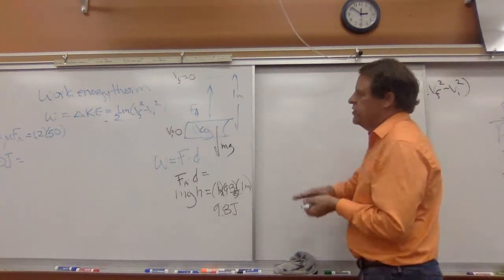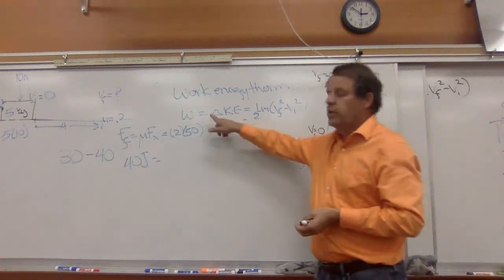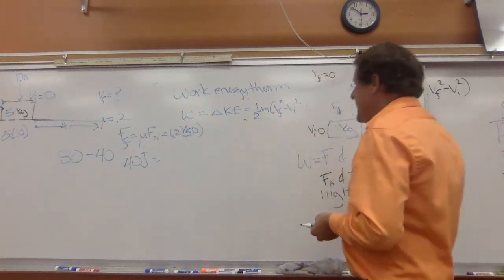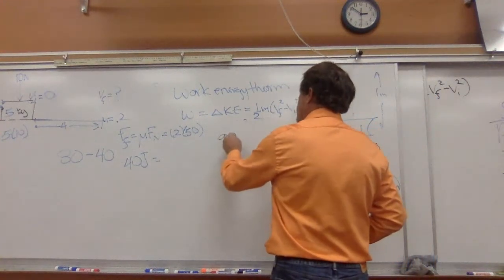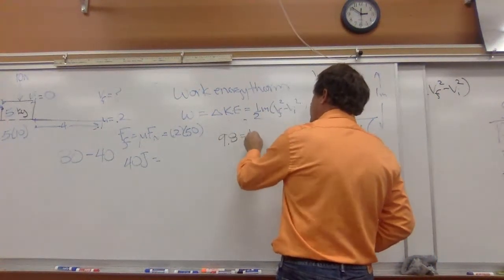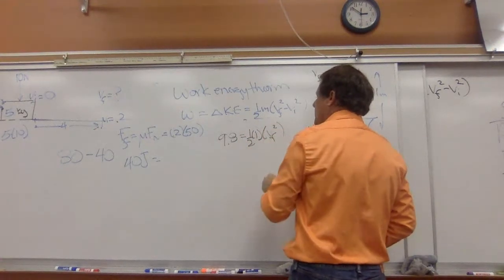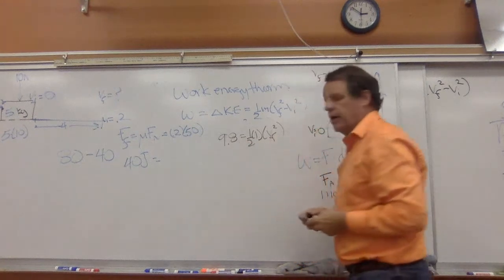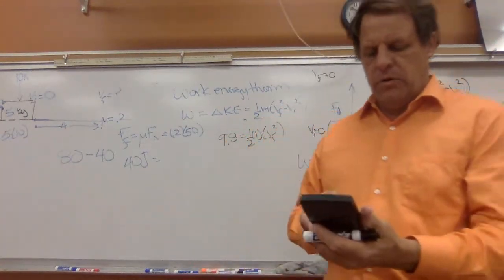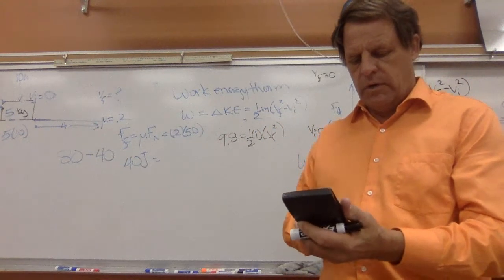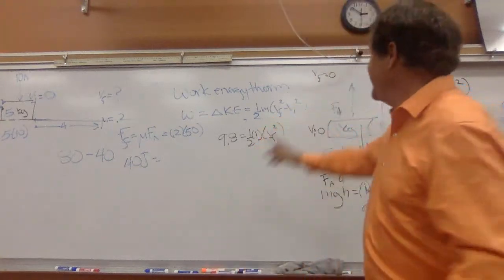If we go back to the work energy theorem, that 9.8 should equal 1/2 of 1 times v final squared, and that would be the square root of 19.6. The square root of 19.6 is 4.42.